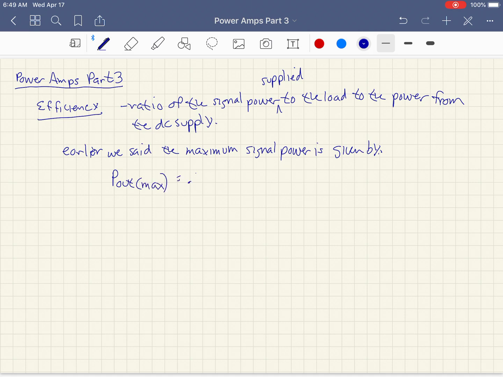We said that was 0.5 ICQ, the Q point collector current, times VCEQ, the Q point VCE voltage.